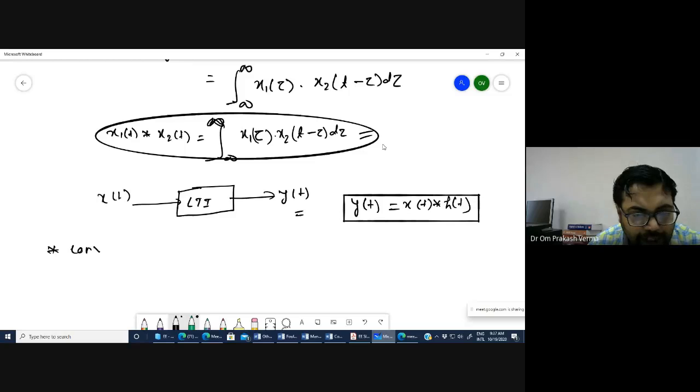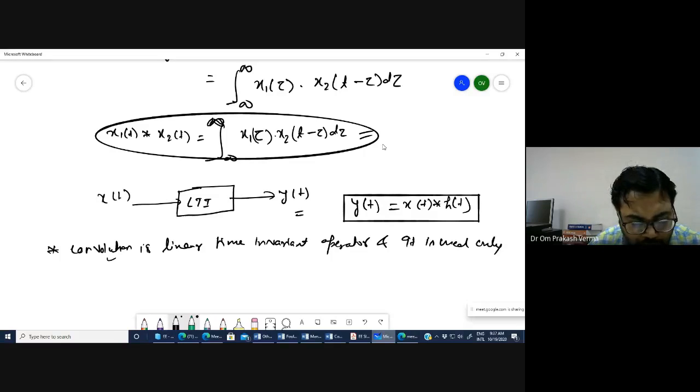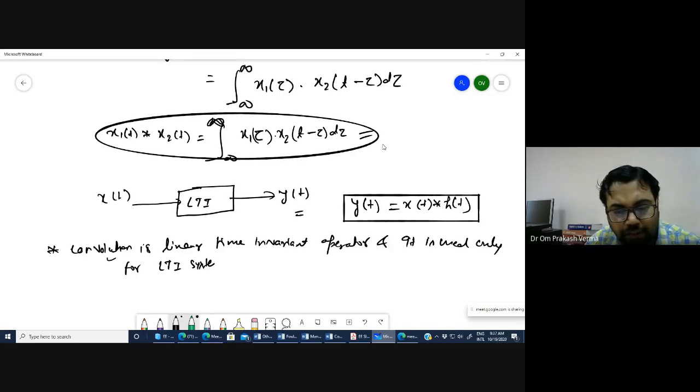So basically, why is the convolution used? Convolution is a linear time invariant operator. As I have told you, the convolution is only applicable for the LTI system. Only for the LTI system, nothing else, right?